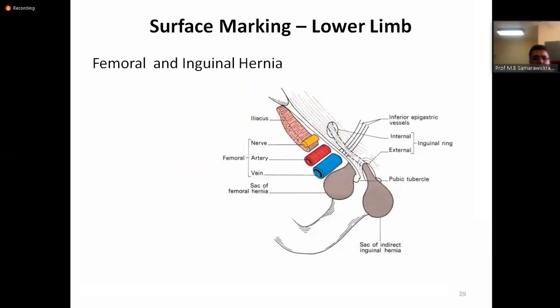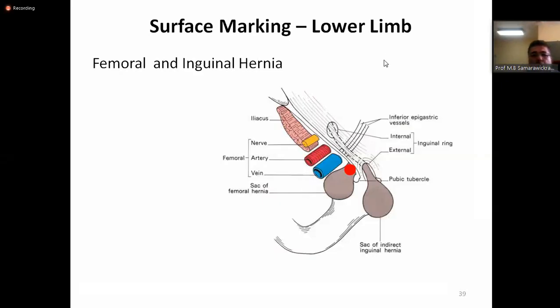Right. So femoral and inguinal hernia: the hernia coming through the inguinal canal we call inguinal hernia, and hernia coming through the femoral canal is called femoral hernia. The necks of these two herniae you can surface mark by using the pubic tubercle.